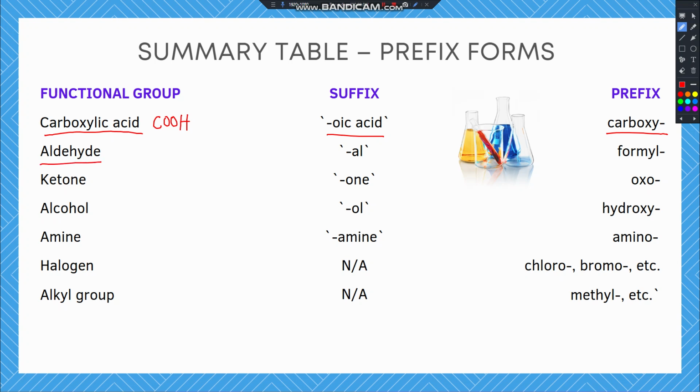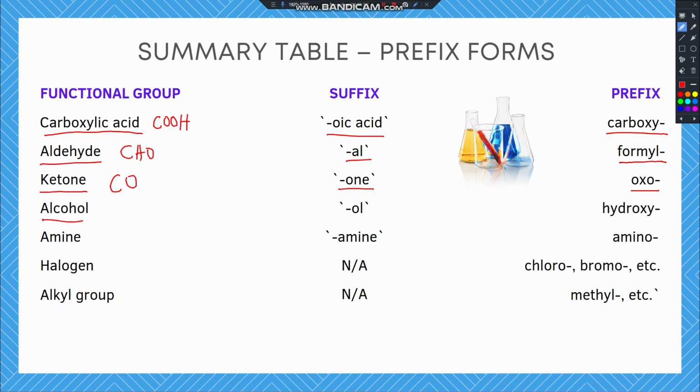When you have the aldehyde functional group CHO, you use the suffix al if it is the main functional group. If it is not, then you call it formyl when you use it as a prefix. Then we have ketone, which is CO, and when it is the main functional group, you use the suffix one. And if it's not the main functional group, you use the prefix oxo.